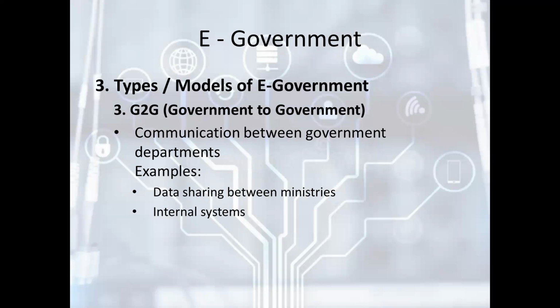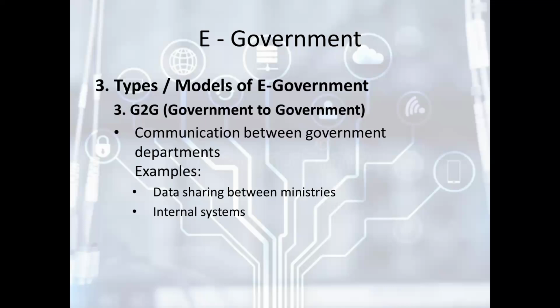That should be how the system works, but it is not yet the case in Sri Lanka or in many other countries. You shouldn't have to go to each government department, organization, and ministry to get registered. If you register in one authorized government organization, that data should be shared between all the ministries.